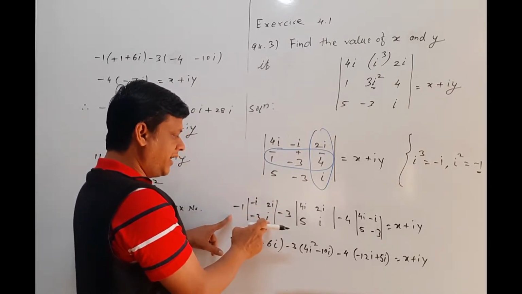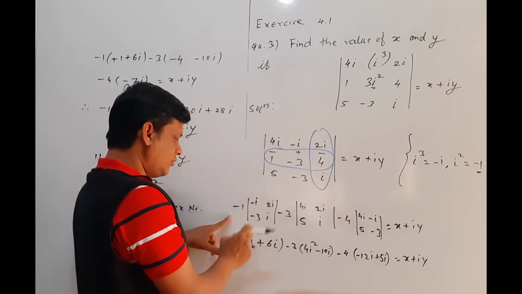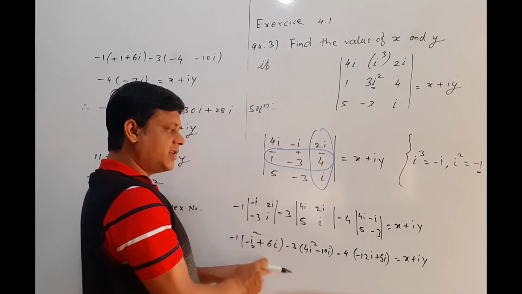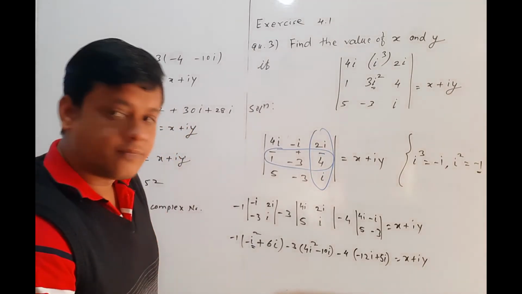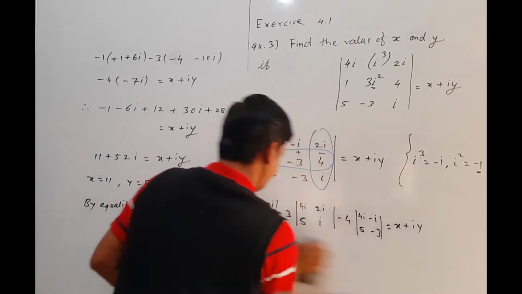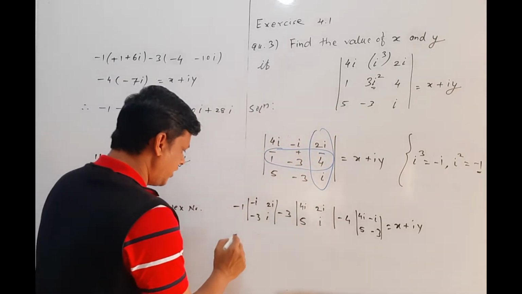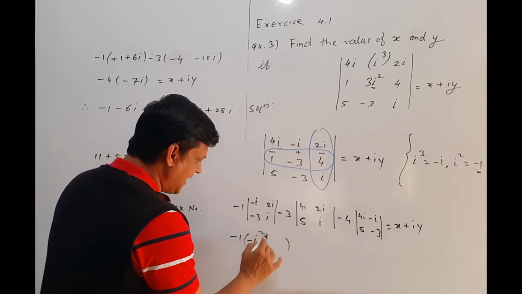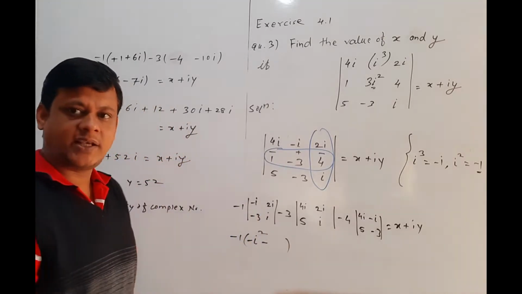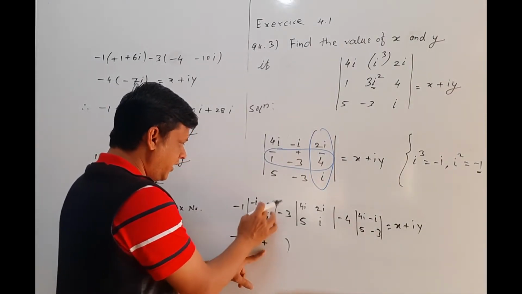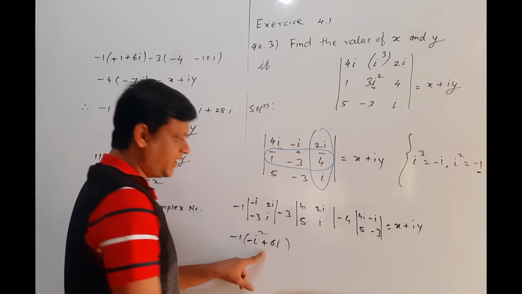i into i we write i², so the sign is minus, so we write minus i². Then we write a compulsory minus sign. Keep minus 1 as it is, minus i into i we write minus i², with the compulsory minus sign, so minus minus gets plus, 3 into 2 is 6, so we write 6i.